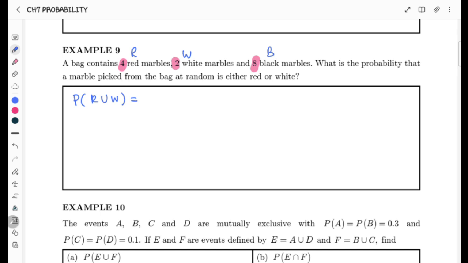Since we already know there is no marble that has both red and white color, then the probability of R union W is simply PR plus PW.